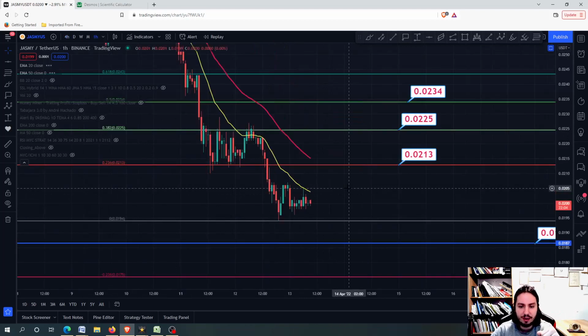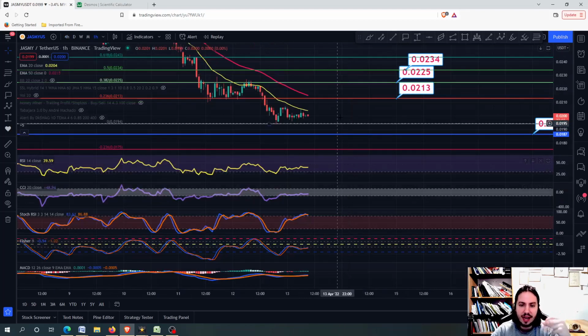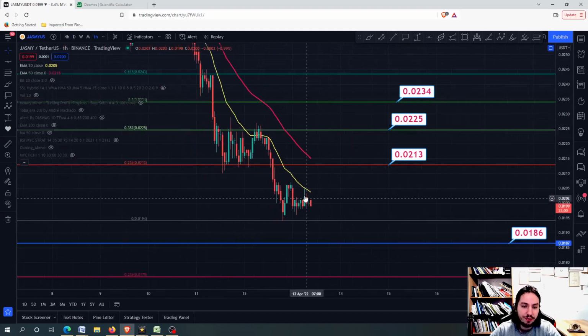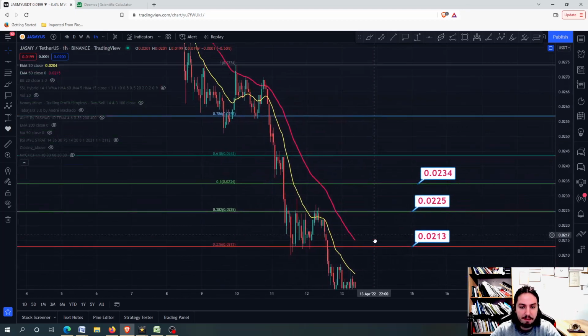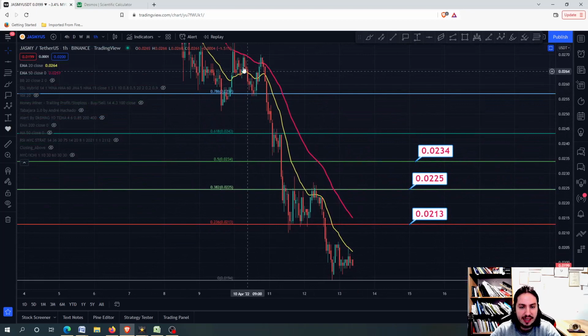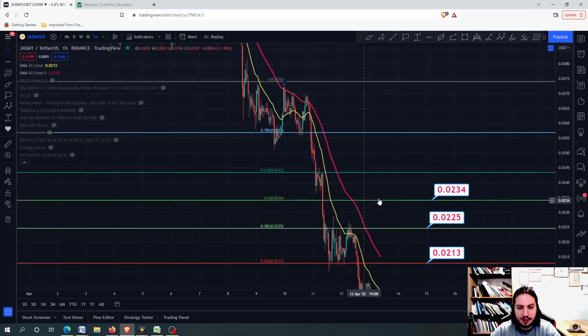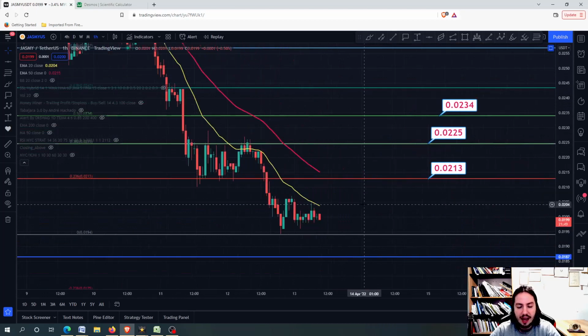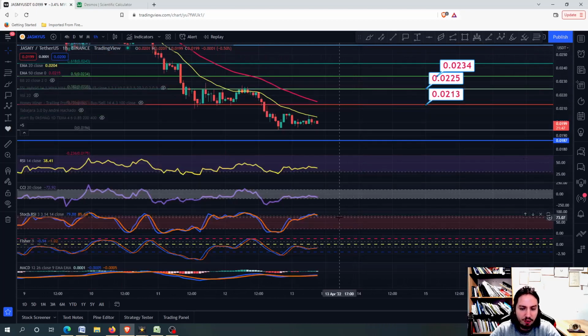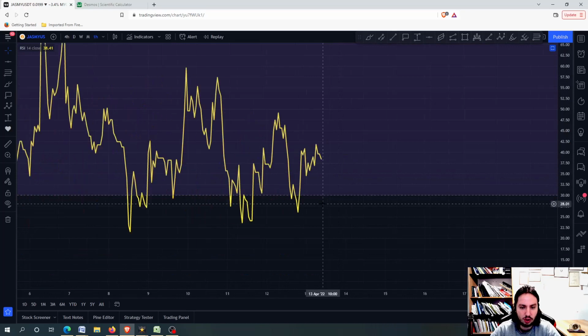On the 1-hour frame, if we look at it, we do not have anything bullish, and we find ourselves on the 20-day EMA. We find resistance on the 20-day and the 50-day EMA. You can see that from the time that we had this correction, we cannot get above the 20-day and the 50-day EMA. So the 1-hour frame doesn't seem to look so incredibly good.